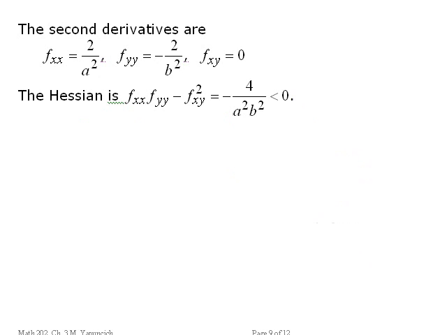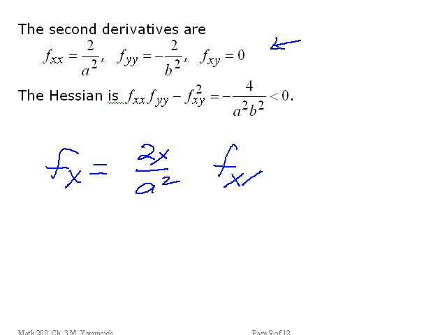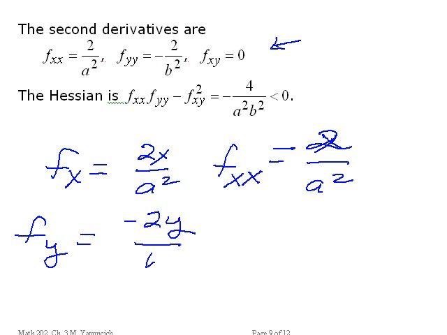And now we need the second order derivatives for the test. Remember, the first one was 2x over a squared. So the second order derivative with respect to x would just be 2 over a squared. The first partial with respect to y was minus 2y over b squared, so f_yy is minus 2 over b squared.